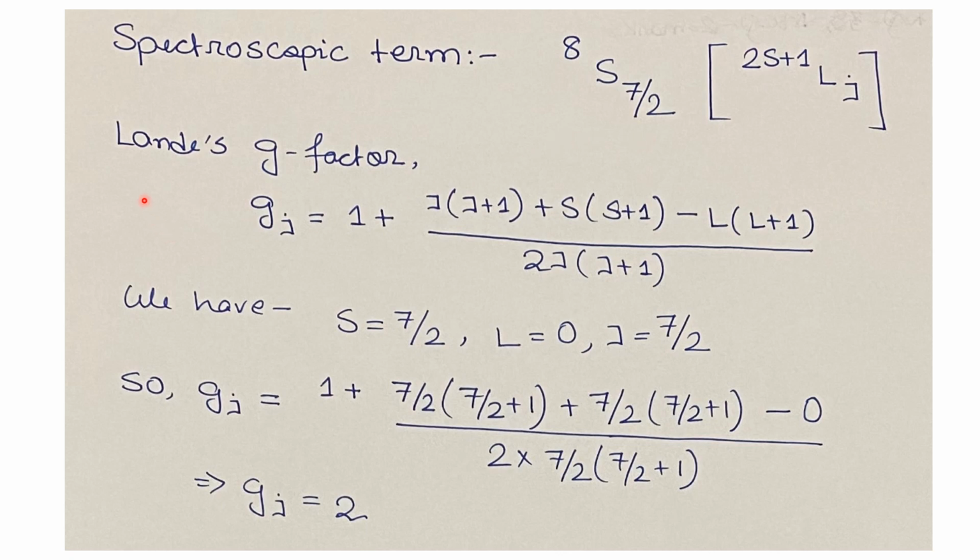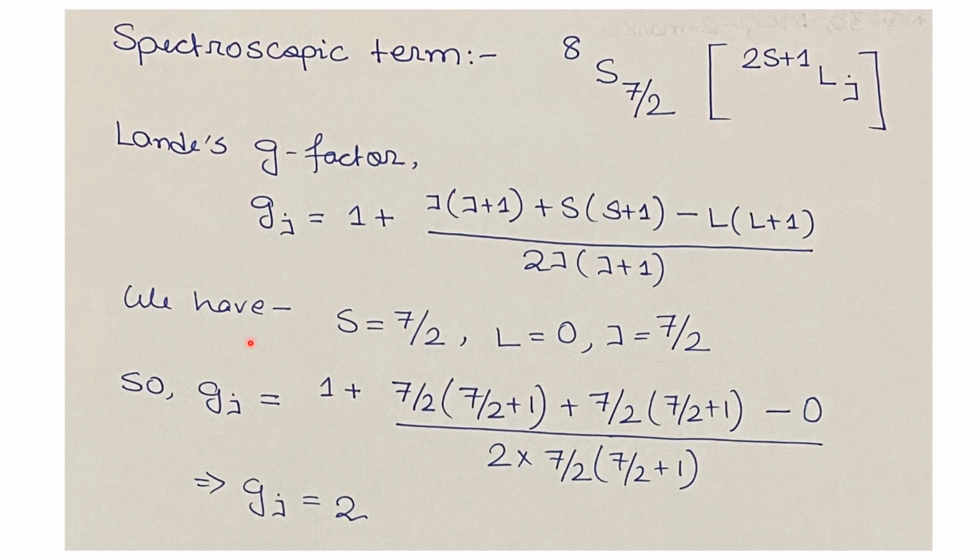Now the Landé g-factor is defined as g_J equals 1 plus [J times (J plus 1) plus S times (S plus 1) minus L times (L plus 1)] divided by 2J times (J plus 1).